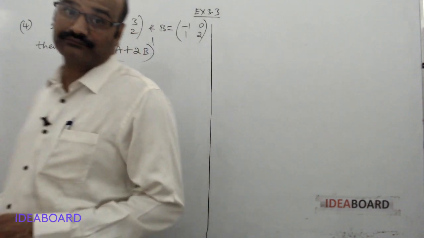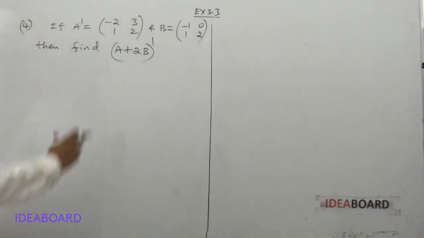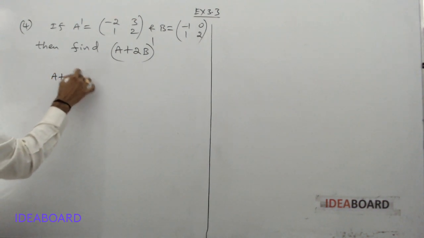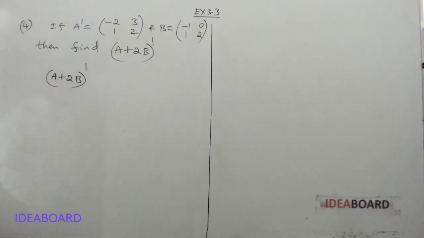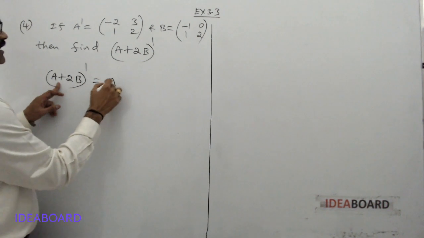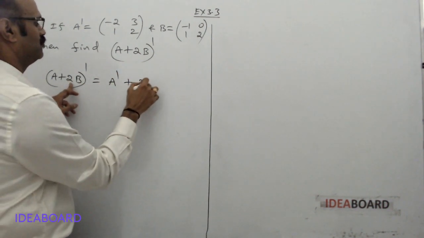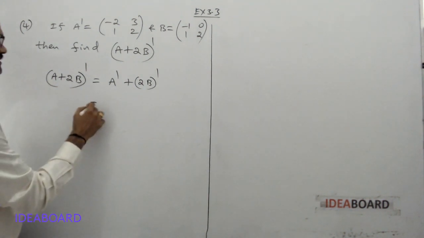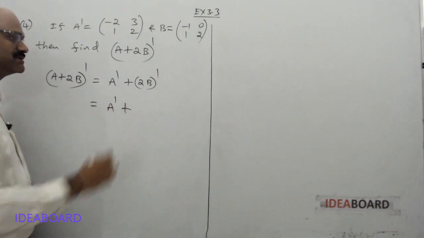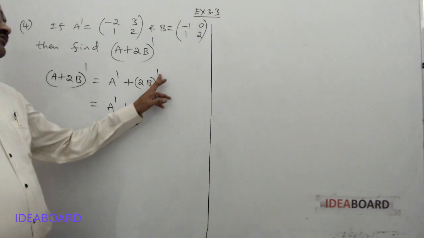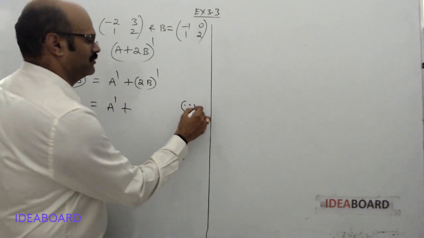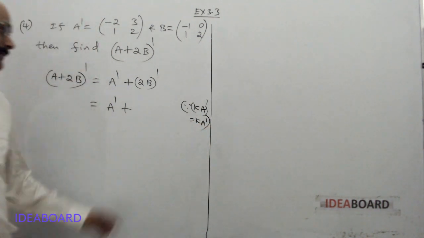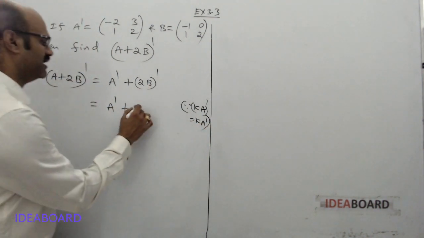Here, we know that (A plus 2B) whole transpose equal to A transpose plus (2B) whole transpose. It implies A transpose plus, we have the formula (K into A) whole transpose equal to K into A transpose. It implies 2 into B transpose.